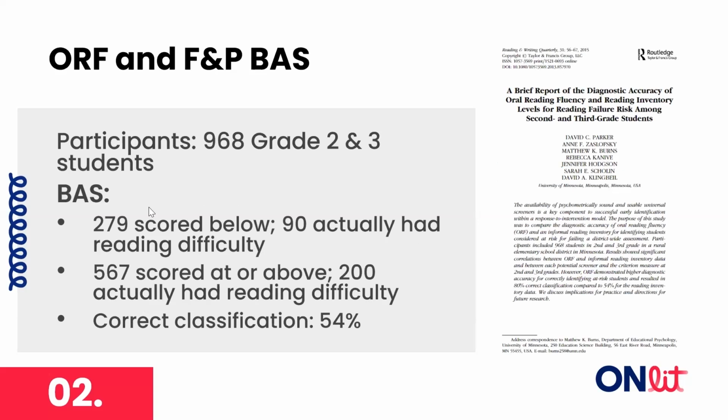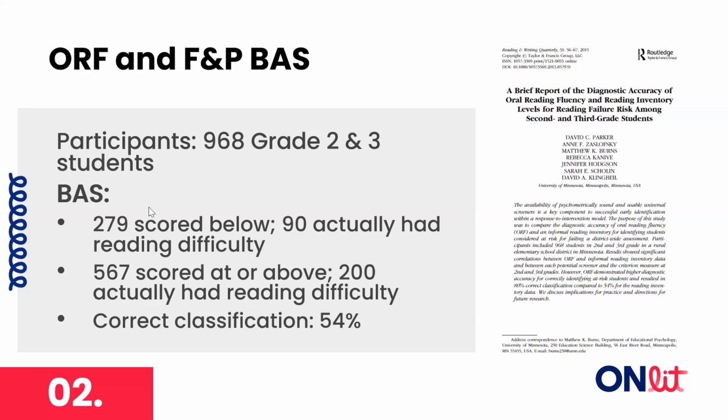When looking at the benchmark assessments, they found that of the 279 students who scored below on the benchmark assessment, 90 actually had reading difficulty. Of the 567 scoring at or above, 200 actually had reading difficulty.